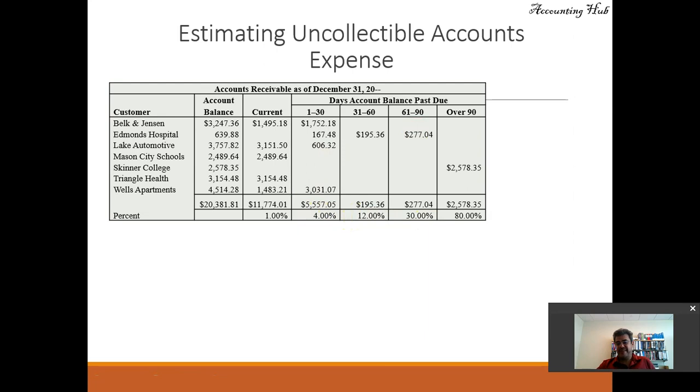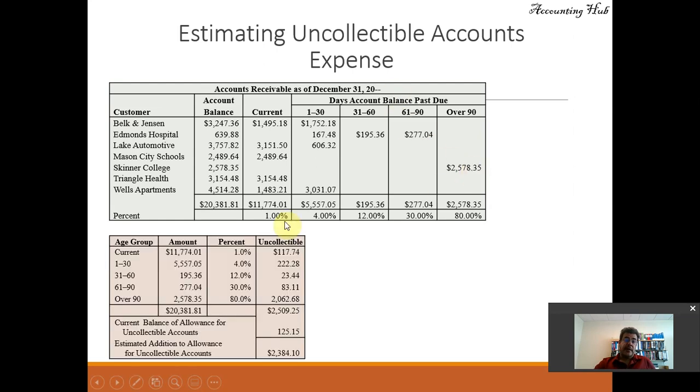Over 90 days. Man, I am pretty sure that they will not pay us. So it is an 80% chance that we will not be collecting, or we are estimating that we will not be able to collect 80% of this amount here. And here is how we do it. So we transfer these numbers to these columns here and so on.